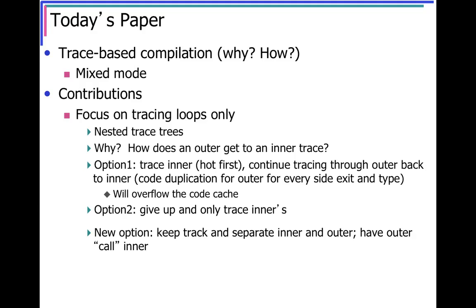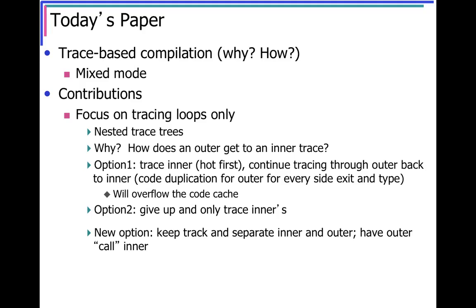Because the naive approach, where you trace the inner trace first and then continue to the outer trace, will overflow the code cache because you'll have lots of code duplication for the outer loop for every side exit and every single type. So this is really bad because you're going to fill up your code cache and you're not going to have enough traces to get some benefit from this.